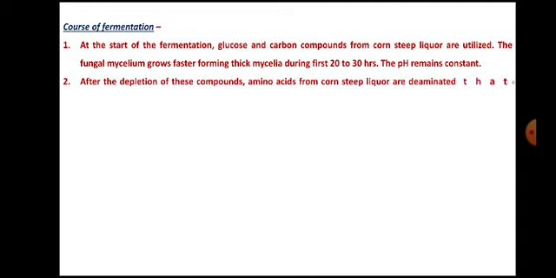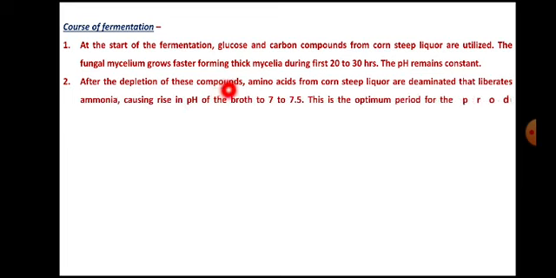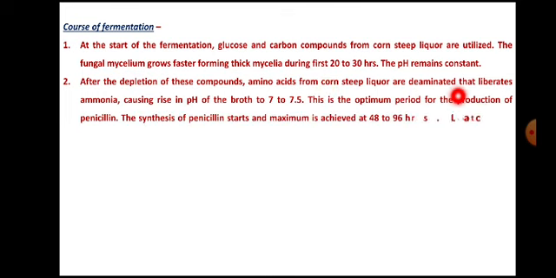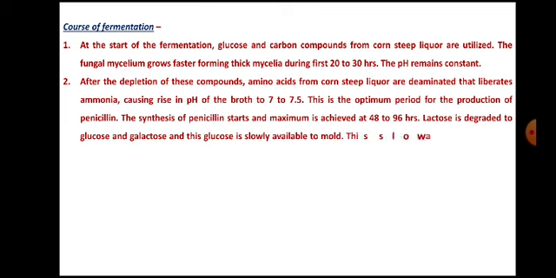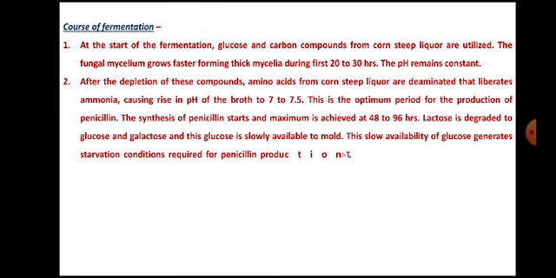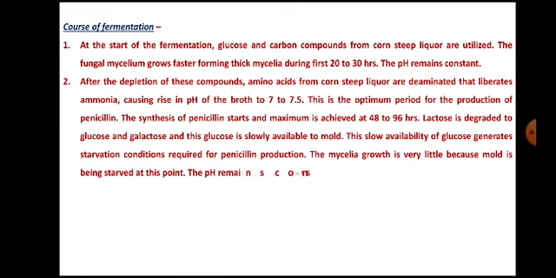Next, in the second stage, after the depletion of glucose, amino acids from corn steep liquor are deaminated and that liberates ammonia. The first preferable carbon source is glucose, and once the glucose is exhausted from the medium, the mycelia will look for alternative sources, and the alternative source is amino acids.